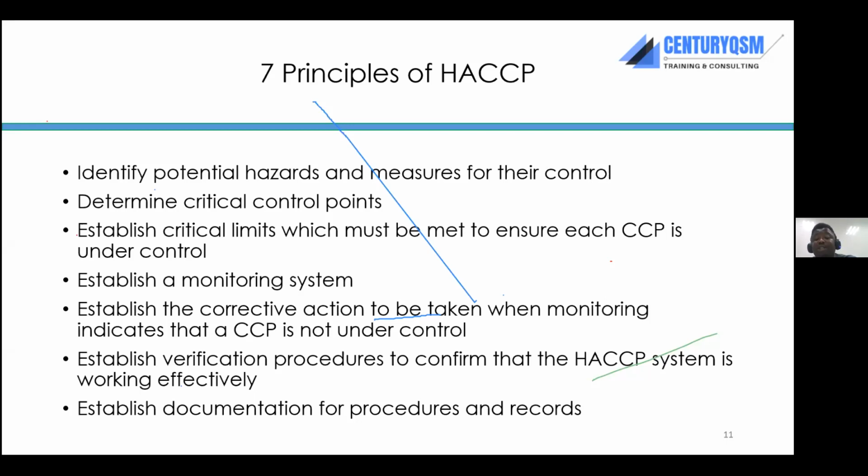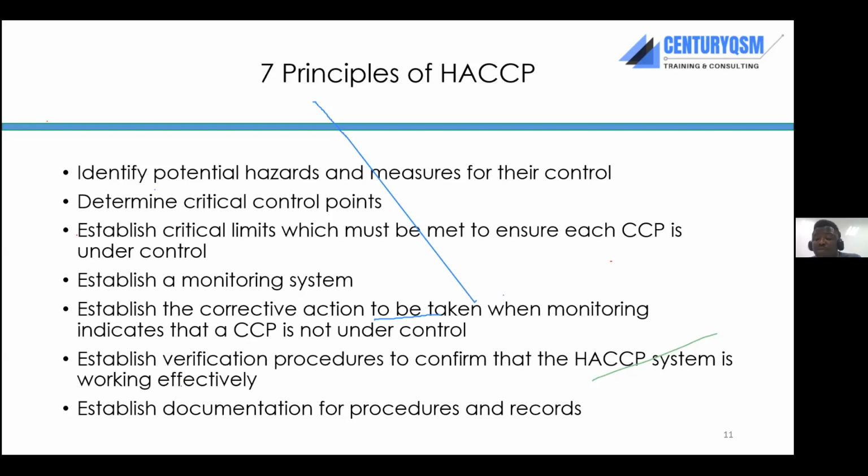Then establish critical limits. Critical limits are your spec, what is acceptable from unacceptable. For example, for the production of bread, the oven temperature must be 20 degrees plus or minus 5. So 20 plus or minus 5 means 25 degrees, 15 degrees, or 20 degrees, and at that point you are within your critical limits.